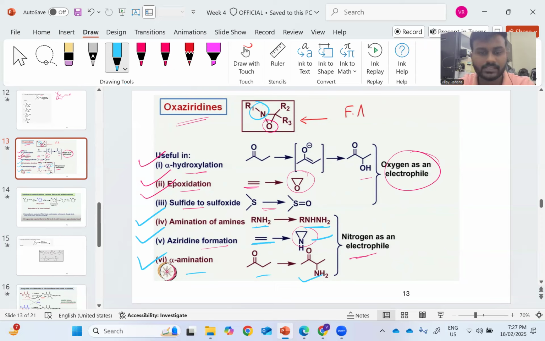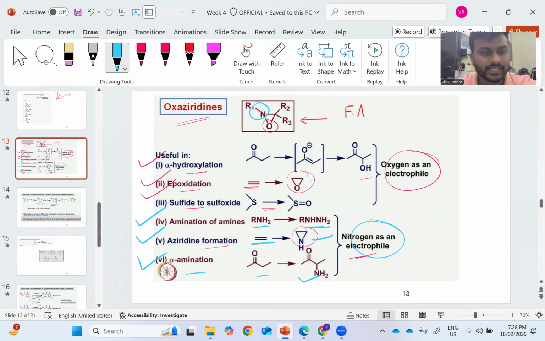In the last three cases, this oxaziridine based reagent is used as an electrophilic nitrogen source, and we can also use the electrophilic oxygen to form the epoxide as well as the alpha hydroxy ketone, and also for sulfoxide formation from the sulfide. So this is the synthetic utility of this one.